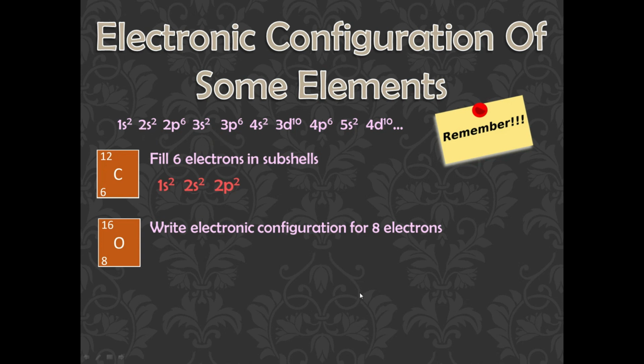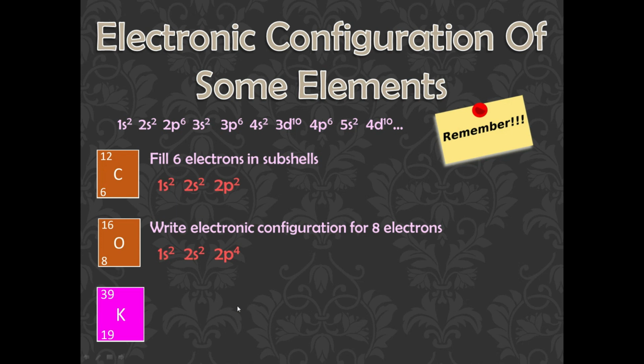So it will be 1s2, 2s2, 2p4, total 8 electrons. Here I have written 4 because in case of oxygen there are only 8 electrons. 4 we have already filled in these two subshells, so the remaining 4 we will fill in 2p.